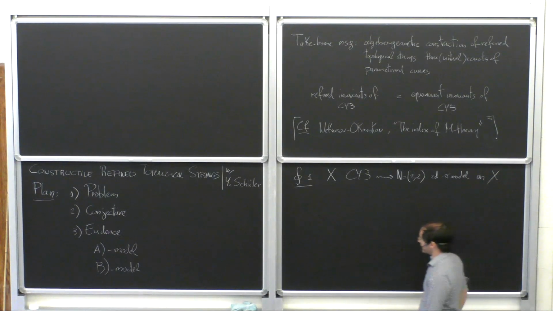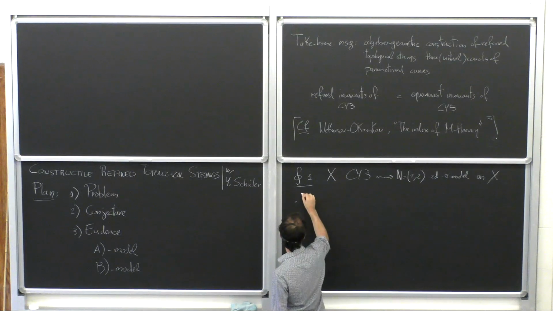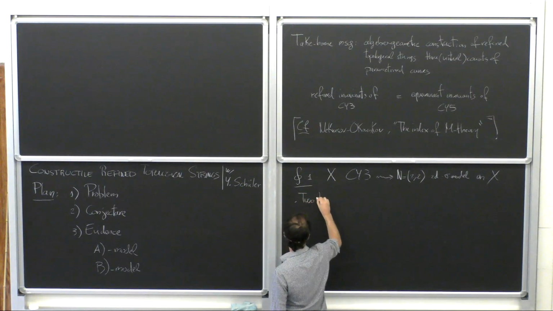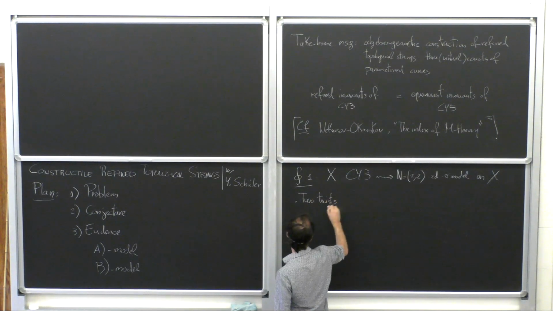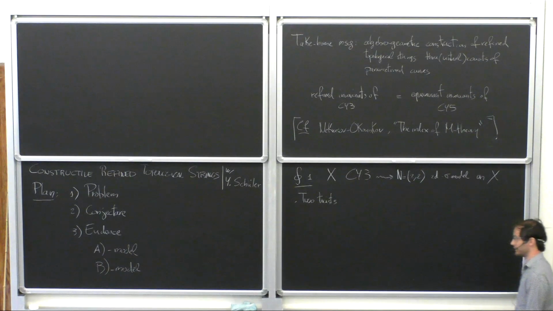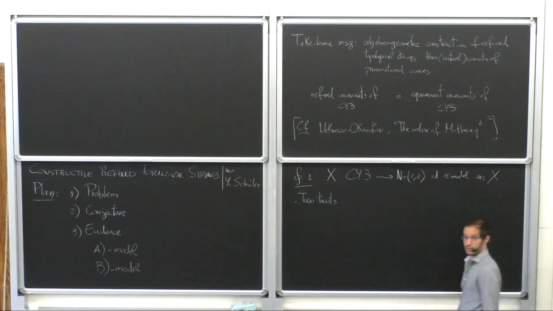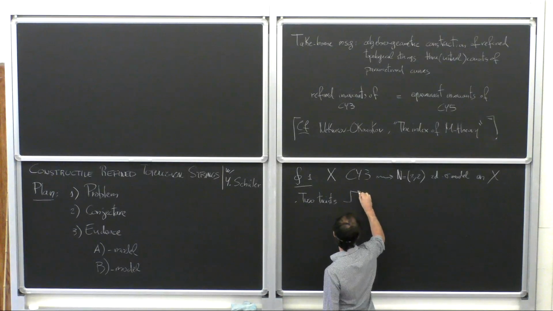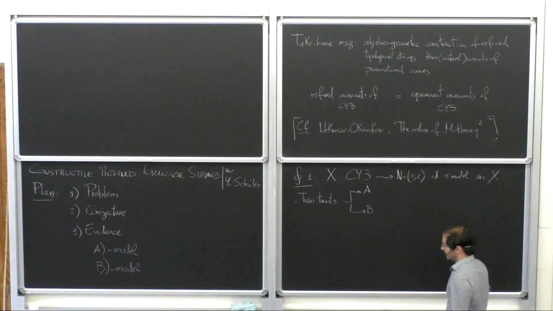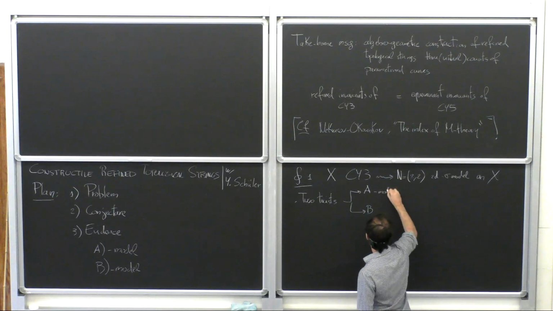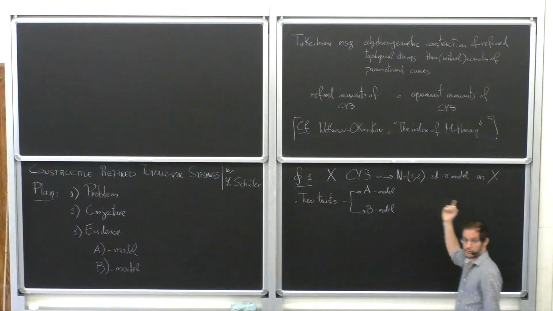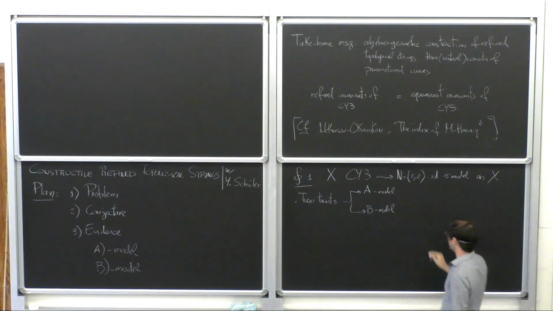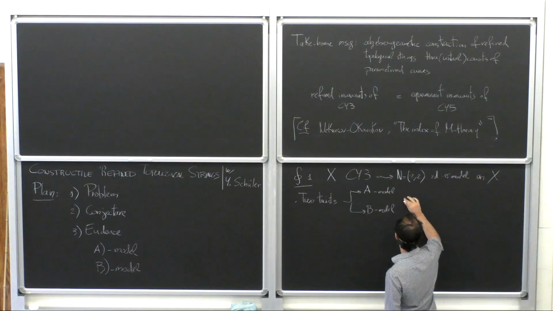So this theory has 2 twists. There are 2 ways to combine the global symmetries of this theory with the Lorentz transformations in 2 dimensions. And I'm going to label them by a letter, A or B. A model, B model. In terms of which one can construct a spin 0 supercharge, Q_A,B.